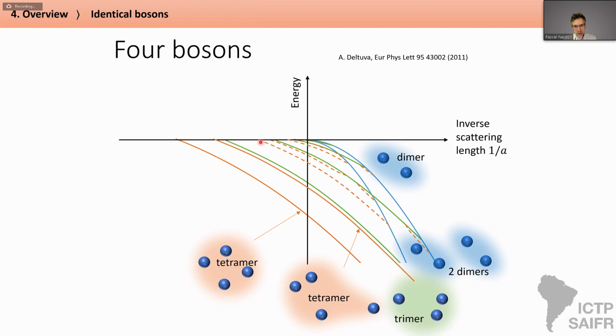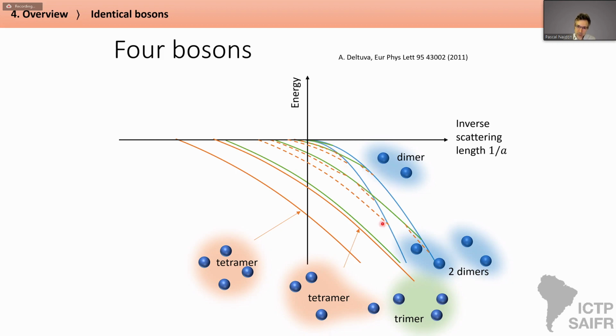And they found that, close in this Borromean region, we have these two tetramers, but it turns out that the second tetramer actually dissociates into the trimer plus one particle at some point, and then kind of survives as a virtual state, and then reappears at this point, and finally dissociates into two dimers. So the tetramer separates into two dimers.